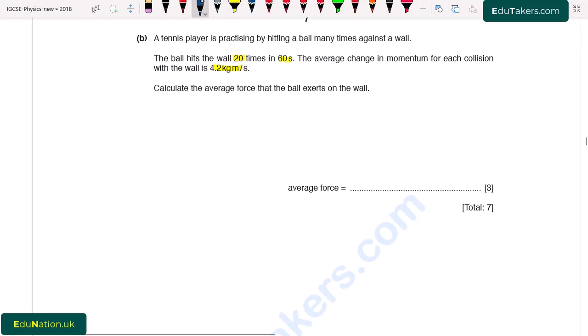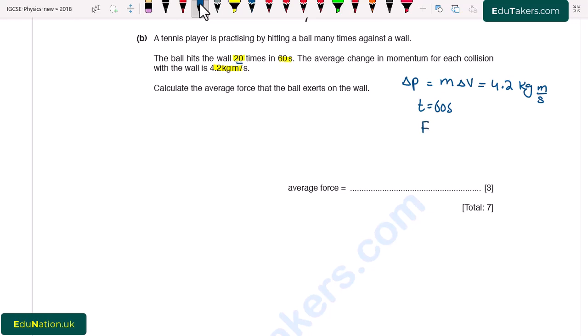For that, the average change in momentum is given. I write here delta P, that is change in momentum, and we know that momentum is the product of mass and change in speed. It is m delta V, equal to 4.2 kilogram meter per second, and total time is given, 60 seconds. Second, the ball hits the wall 20 times.